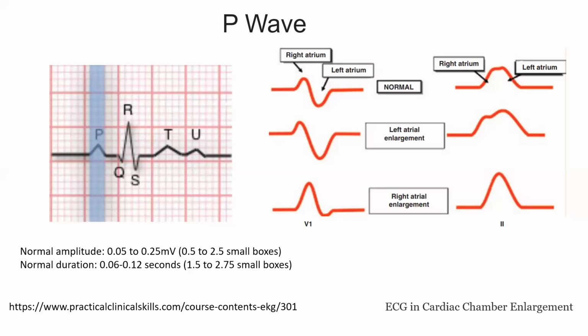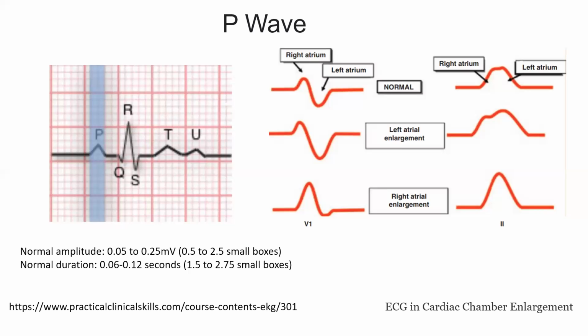If both atria are enlarged, we can see that both the positive and negative phases in the V1 P wave are similar, and in lead 2 the P wave is also similar in the left and right parts, but the duration is longer than 0.12 seconds. So just the duration is enlarged.